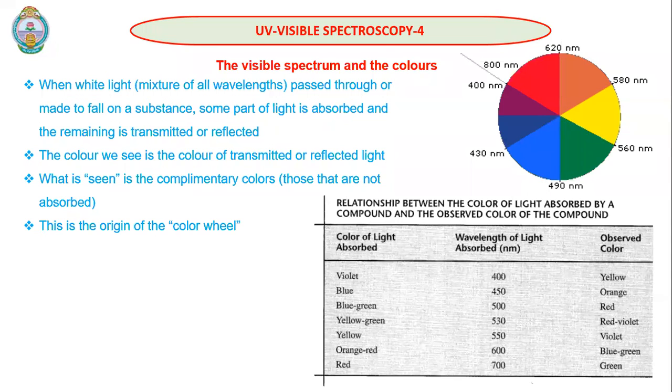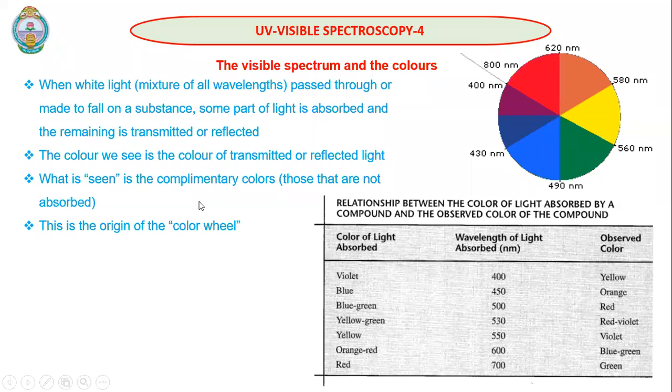What we are seeing is the light which is transmitted or reflected. So whatever lambda maximum we are talking about is of absorbed light, and whatever we see is the color of the reflected or transmitted light.